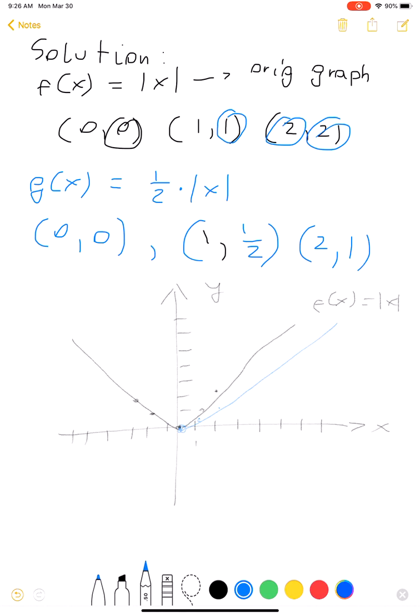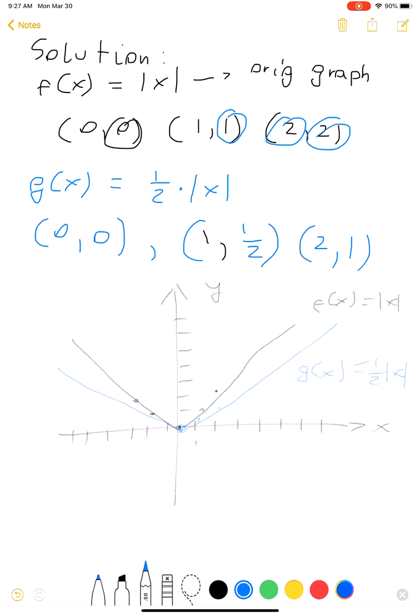And you will have -2, 1. Okay. And again, this is just a sketch, but I want to just show you that the graph g of x, which is equal 1/2 absolute value of x, because of the vertical compression, the graph is staying far away from the y-axis and starts getting closer to the x-axis. Okay, so that was vertical compression.